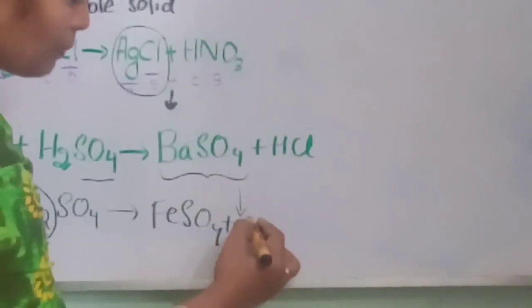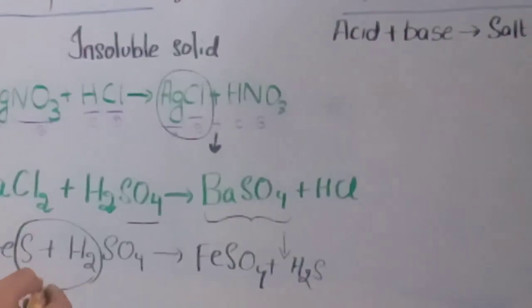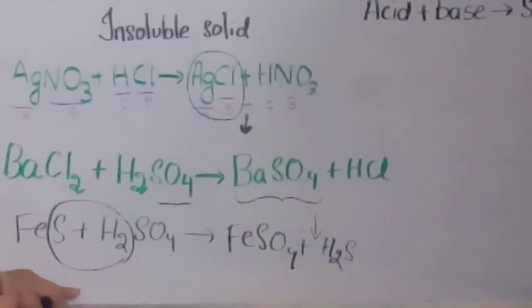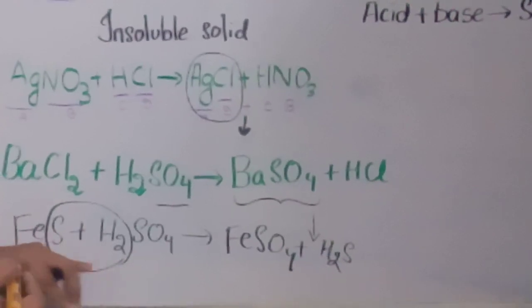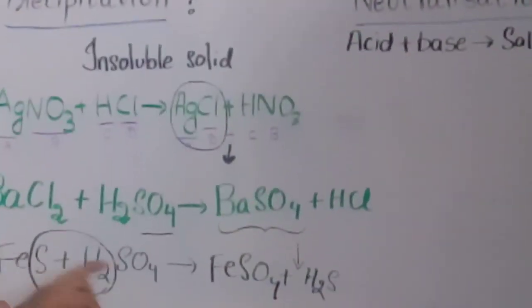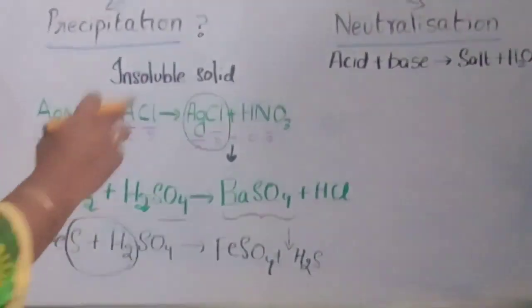So this type of reaction is also called a precipitation reaction. Hydrogen sulfide is a rotten-smelling gas, and this reaction is also a double decomposition reaction where there is a mutual exchange of ions.